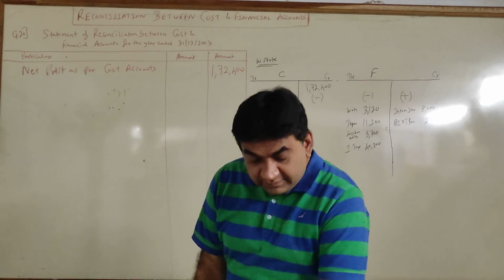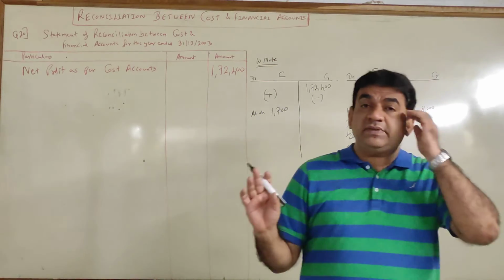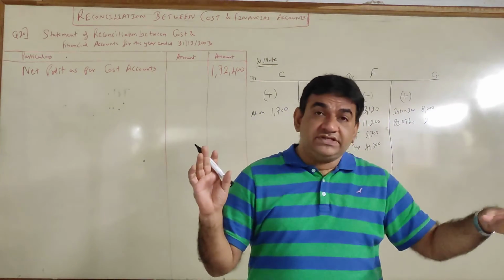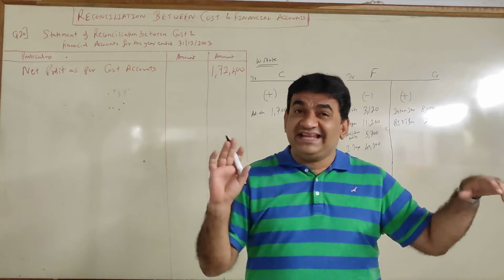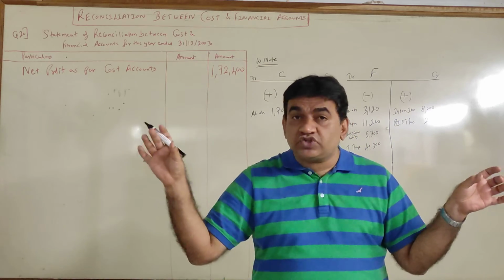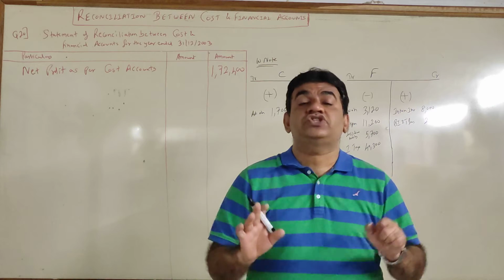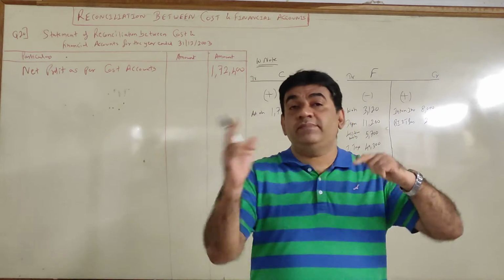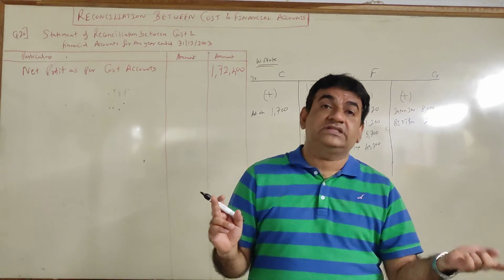Store adjustment, in brackets given finance credited in financial accounts. Adjustment means what? See what happens, you compare your physical stock with the book stock. So if there is any difference between your physical stock and the stock as per your store ledger, you have to make adjustment for the difference. That is store adjustment. Now again, that can be both ways. It can be excess, gain, it can be shortage, loss.